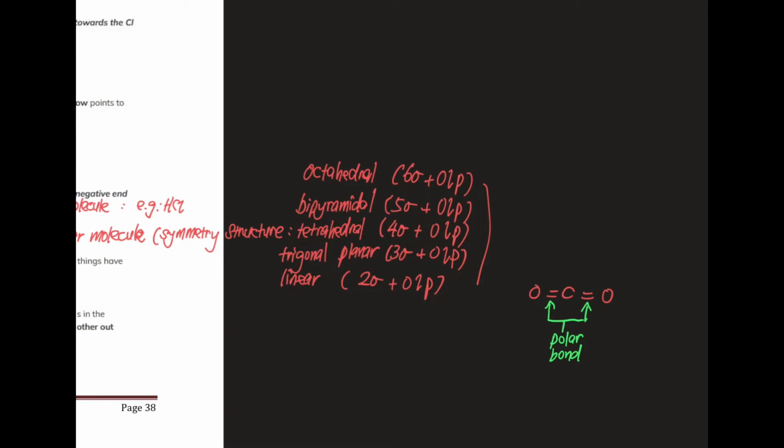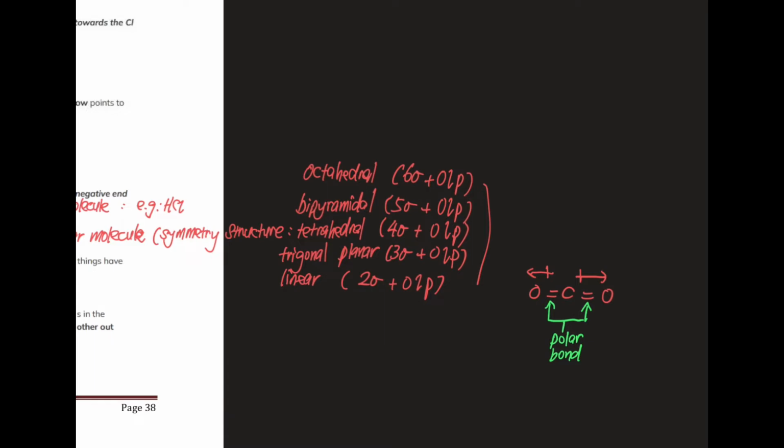How do they cancel off? Imagine the dipole moment for this is cancelled off by the dipole moment over there. They act in opposite directions and hence cancel off.